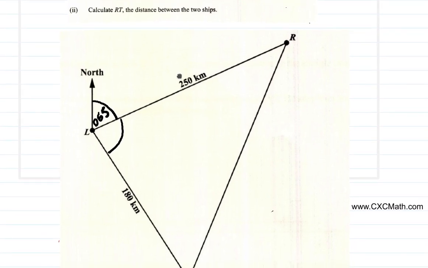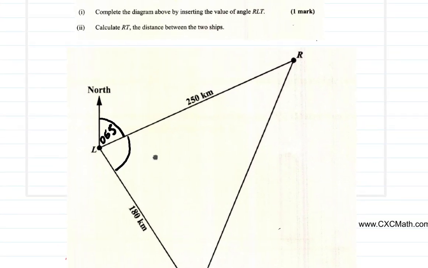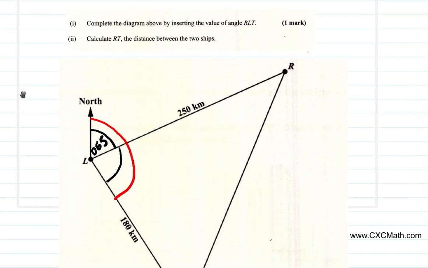So T from L, you have the straight line already joining L and T. It says from L, so you have another arc at L. So this angle here is going to be, what they say, 148 degrees. 148 you have here. Alright?